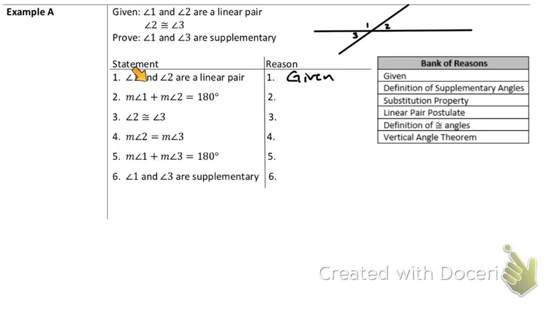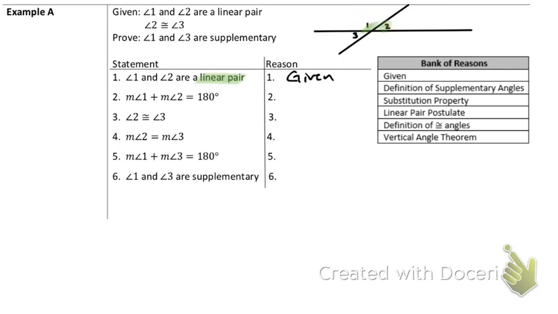Next statement is, from statement 1, we can now say this. Measure of angle 1 and measure of angle 2 equals 180. So this is what you have to understand. A linear pair is when you have two angles, as you can see up here, that equal 180. So when I add these two angles, they're going to equal 180.